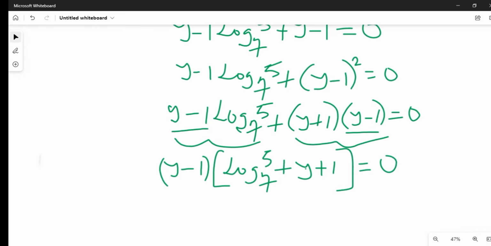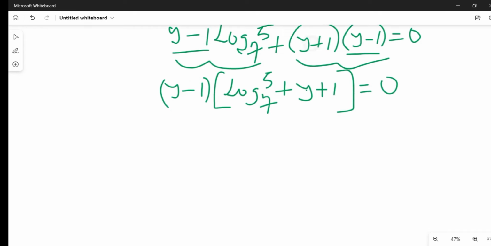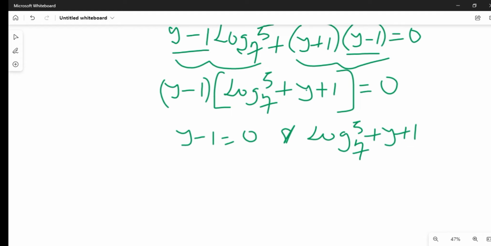Good. Now from this expression, just like a quadratic equation, we have y minus 1 equal to 0, and also log of 5 base 7 plus y plus 1 equal to 0. From here we can say y is equal to 1. So we've gotten the first value for y.